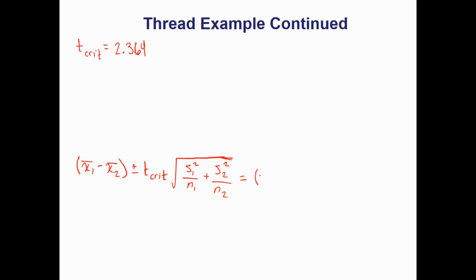So if we plug in x bar 1, that's going to be 78.3 minus 87.2 plus or minus t critical, which was 2.364, times the square root of 5.62 squared over 50 plus 6.31 squared over 50.